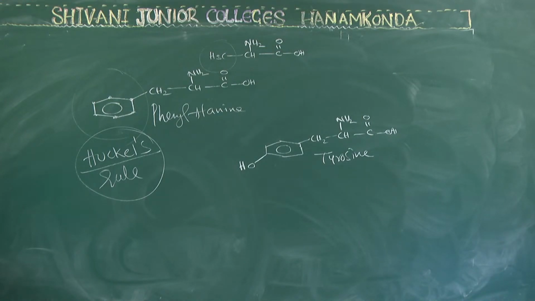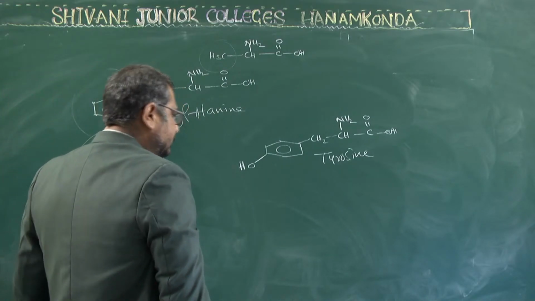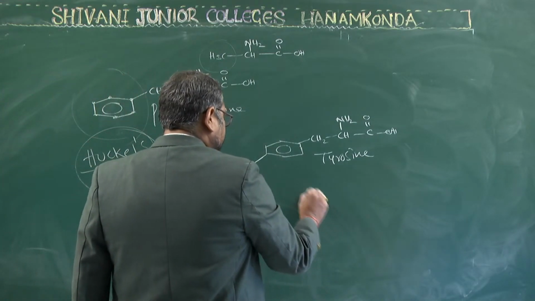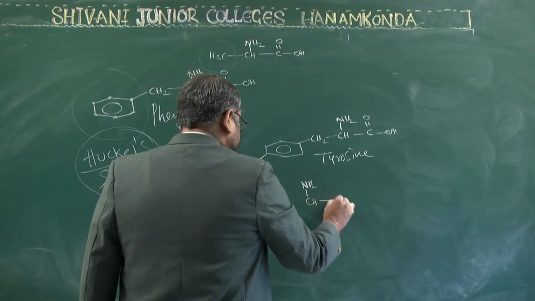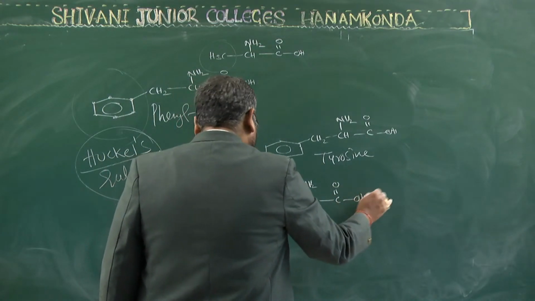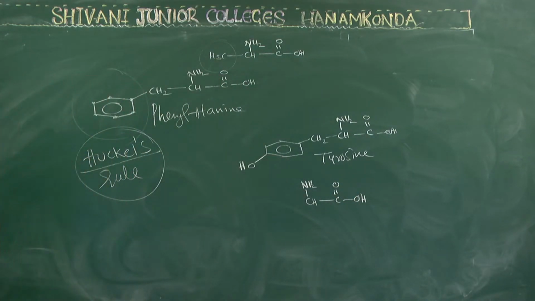Next is thyroxine, also called iodogargine. Here see, CHNH2 COOH, this one is the base unit.